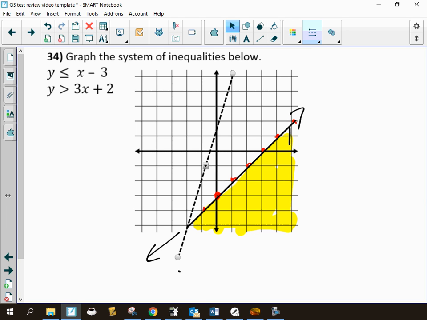But we're going to shade up from the dotted line, but down from the solid line. So I'm actually going to erase all of this, because the intersection is going to be here.